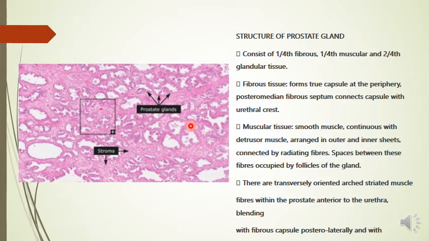And there are transversely oriented arched striated muscle fibers within the prostate anterior to the urethra, blending with the fibrous capsule posterolaterally, right? And this one is called the corpora amylaceae, and these condensed bodies are the secretions condensed and left off in the follicles. The corpora amylaceae are seen more in old age. So that is the structure of the prostate.